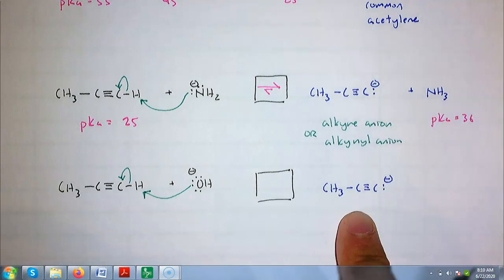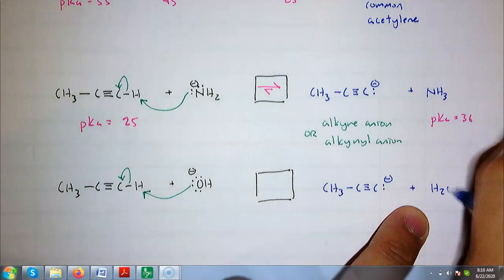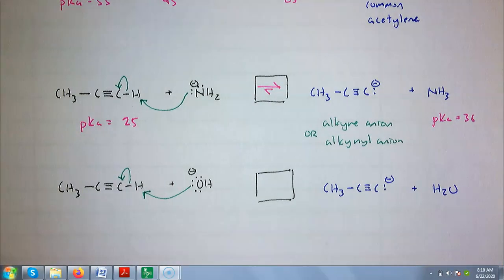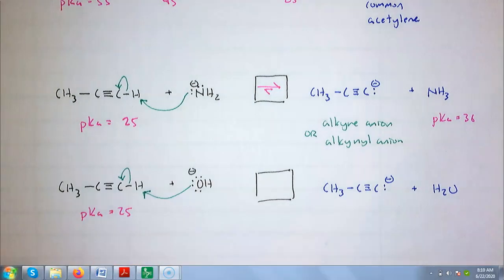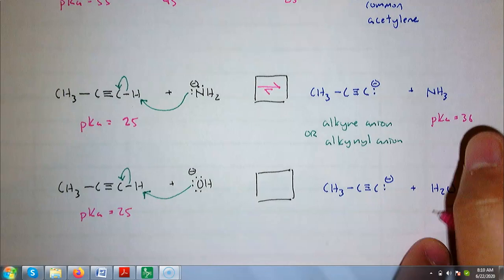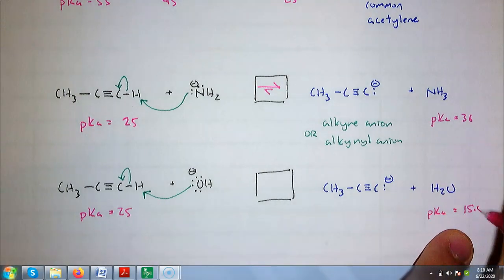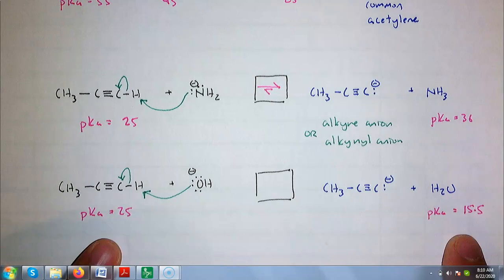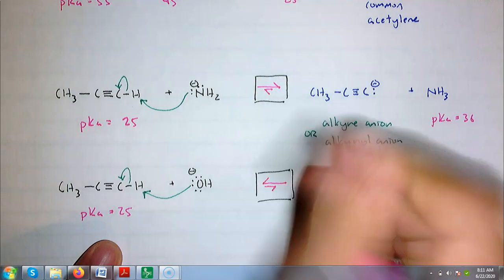Same alkyne anion, but now we have a different conjugate acid, H2O. This alkyne has a pKa of 25. Water has a pKa of around 16, or my chart has 15.5. Equilibrium favors the weaker acid. The larger arrow goes to the left.